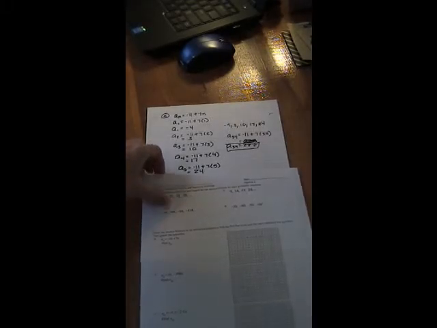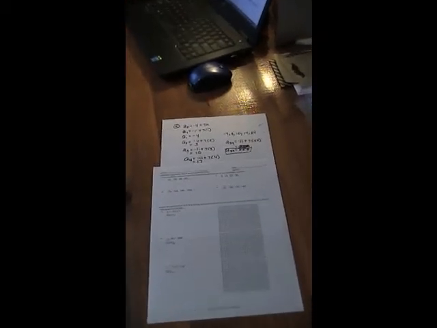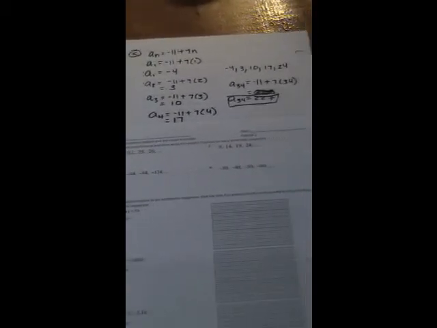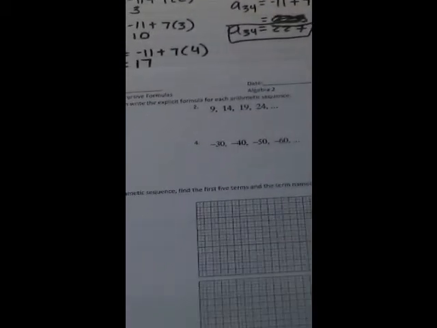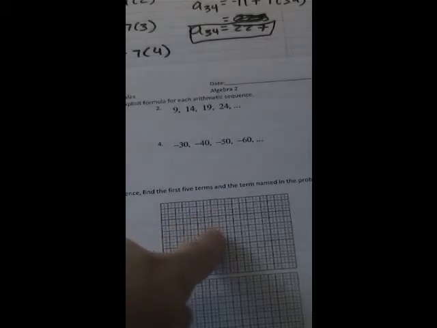And so I'm going to zoom in on the graph here so that you can see as I work. There we go. And I have a negative term number, so that means I need to arrange my axes on this coordinate grid so that I can also have negative numbers.